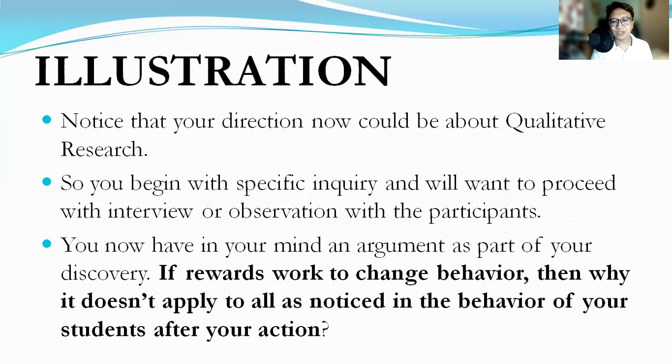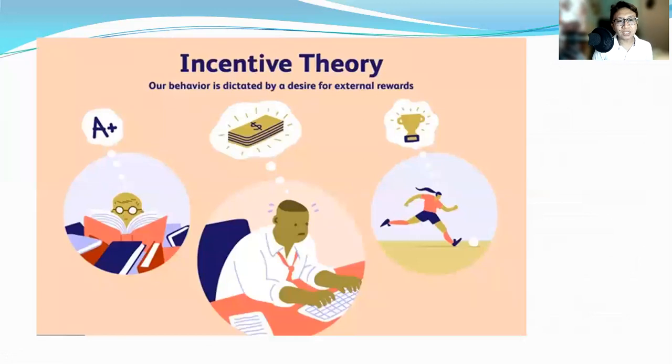You now have in your mind an argument as part of your discovery: if rewards were to change behavior, then why doesn't it apply to all of your students after your action? Actually, incentive theory can explain why our students behave the way they do. Our behavior is dictated by a desire for external rewards. Suppose our intention might be to deconstruct this incentive theory.